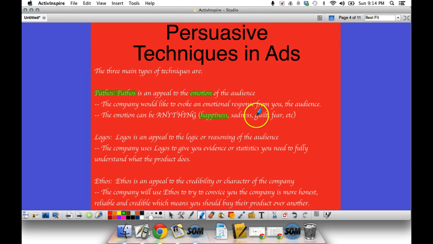Guilt: the Sarah McLachlan commercials, where there are all the one-eyed cats and dogs. They want you to feel guilty, and they want you to actually donate money. Fear: there was a brilliant political advertisement. I don't know, I think Hillary Clinton did it this time, but I think a long time ago it was, I want to say, Reagan or Nixon.